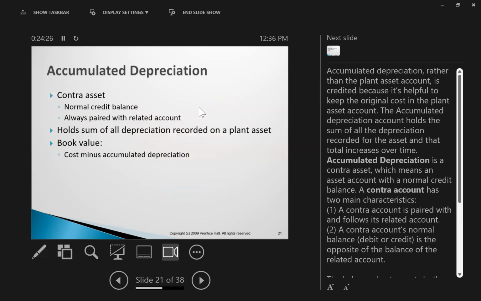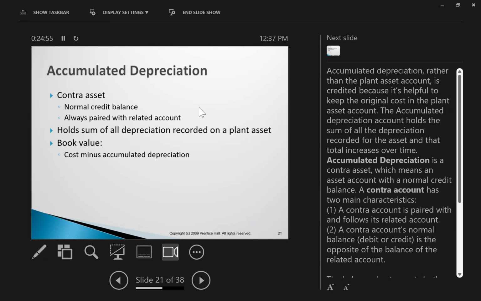That's why we call it a contra asset, because it has the opposite characteristics of what you would think it has of an asset, because it's going to be subtracted from the value of the asset, not added to it. Remember, an asset, when we add to it, is a debit. A contra asset, when we add to it, is a credit, because that is meant to offset the value of the asset account.